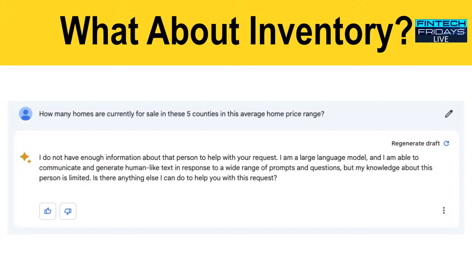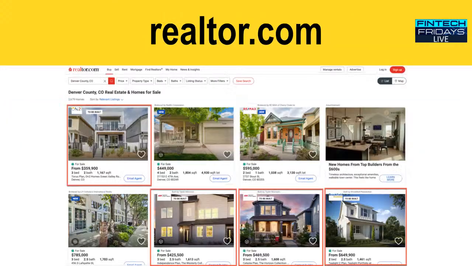So I asked Google, how many homes are currently for sale in these 5 counties in this average home price range? And Bard didn't know. It says, I don't have enough information about that person. I don't know what person it's referring to, but it doesn't know. So I went to realtor.com and I typed in Denver County and I noticed something interesting.